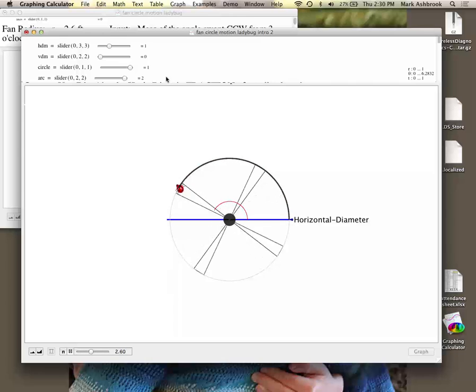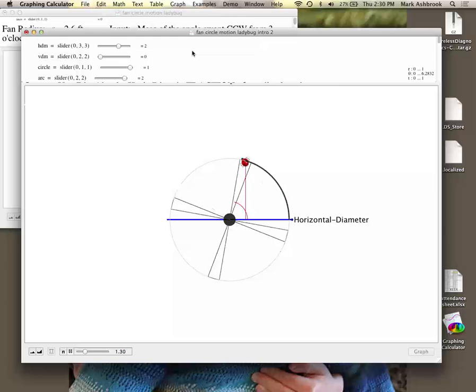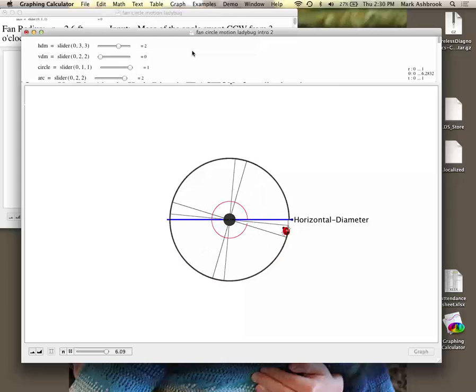Any ideas? Let me give you more to look at. What aspect of the bug's position relates to the horizontal diameter? See what I added to the picture? Okay, it's a distance. What distance? Distance around the circle? What is it?